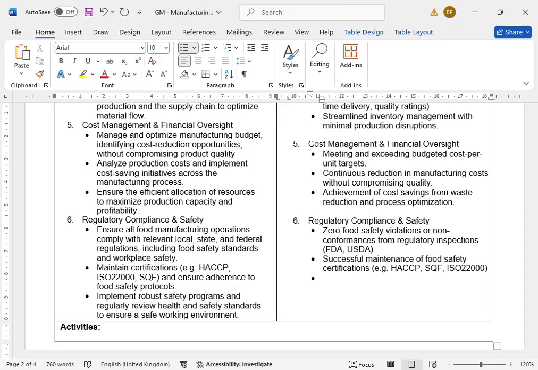Regulatory compliance, safety. Okay, this is also important: reduction in workplace incidents, for example OSHA. You know OSHA?